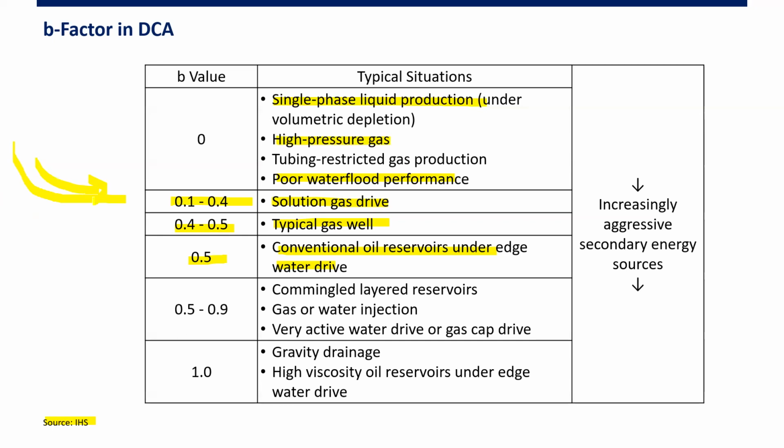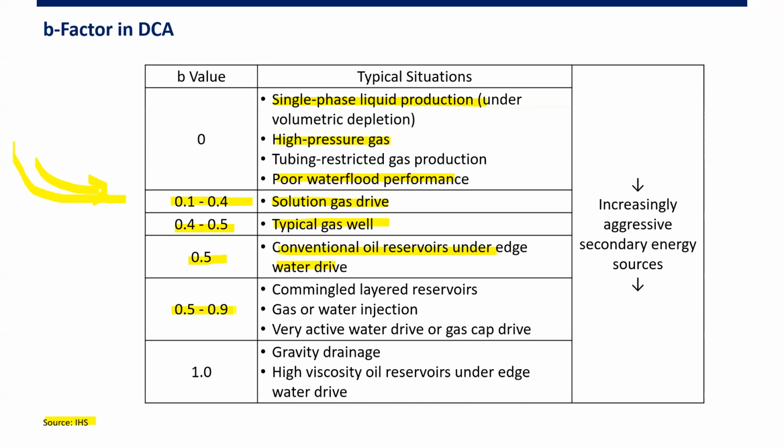All right. And then if you have commingled layered reservoirs, and also gas or water injection with relatively good performance, or very active water drive, or very strong gas cap drive, then you will have a greater B factor, between 0.5 and 1. It means your production will go for a longer period of time.